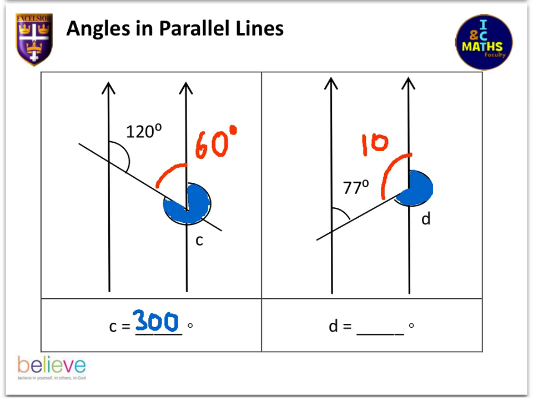So that means it has to be 103 degrees. Then I use that to figure out what the blue angle needs to be to make a complete turn. So the blue angle plus 103 must make 360, which means the blue angle marked D is 257 degrees.